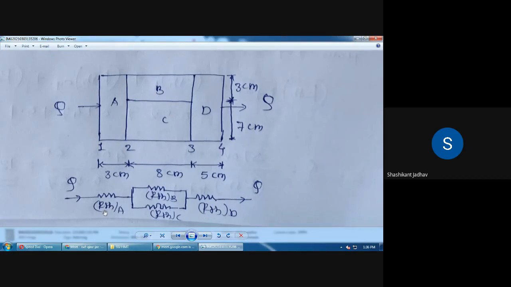Okay, thermal resistance for plate A and thermal resistance for plate B and C are in series, and then thermal resistance D. So heat transfer rate is same, that is Q. Okay, so by using this we have to calculate the rate of heat transfer for this composite wall.